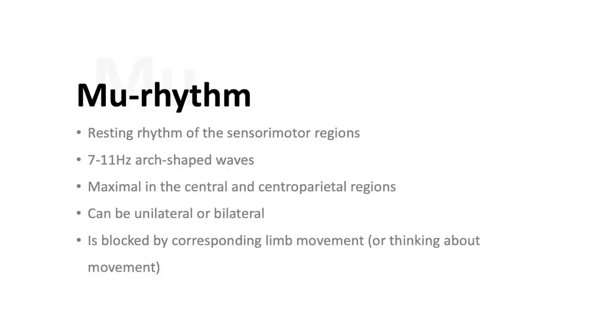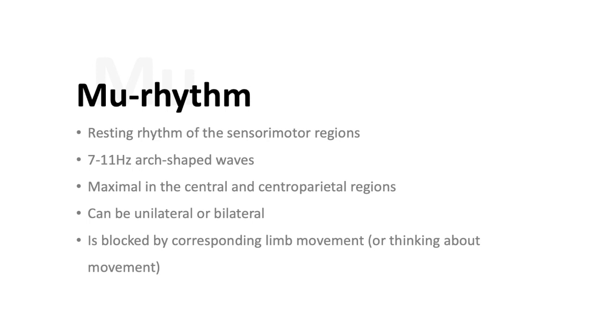Another resting rhythm of the brain, similar to the alpha rhythm, is called the mu rhythm. It's called the mu rhythm because it's arch-shaped waves, sort of like the letter mu, and it occurs at about 7 to 11 hertz, typically about 1 hertz less than the alpha rhythm.